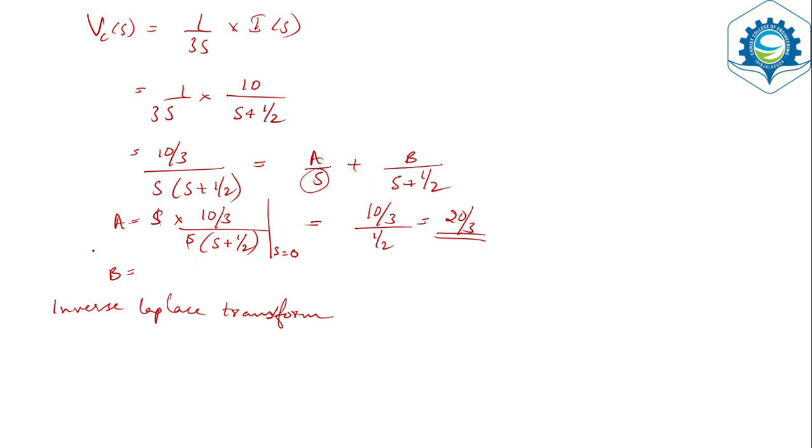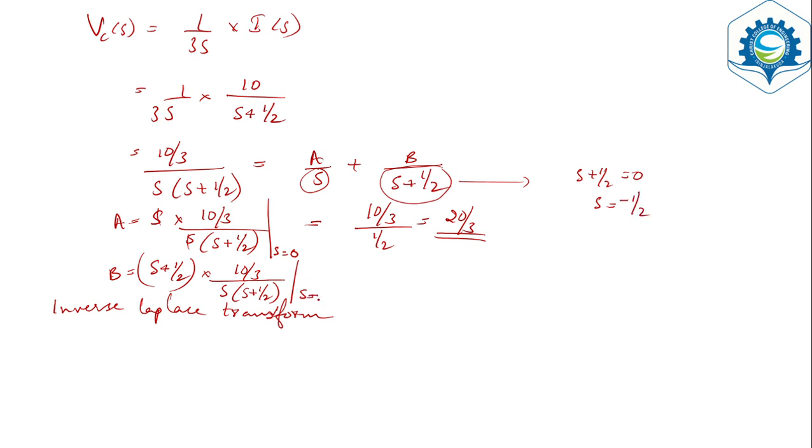How will you get the value of B? You take the denominator of B, that is S plus 1 by 2, into the whole function, 10 by 3 divided by S into S plus 1 by 2. You take the denominator, S plus 1 by 2 equal to 0, that will be S equal to minus 1 by 2. So you have to substitute S equal to minus 1 by 2.